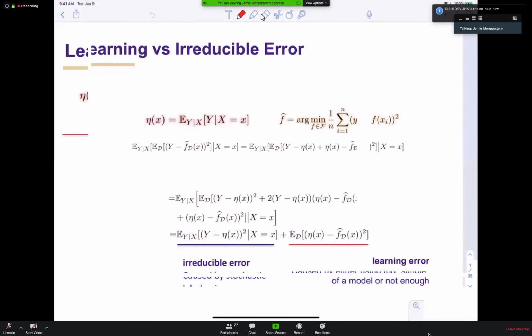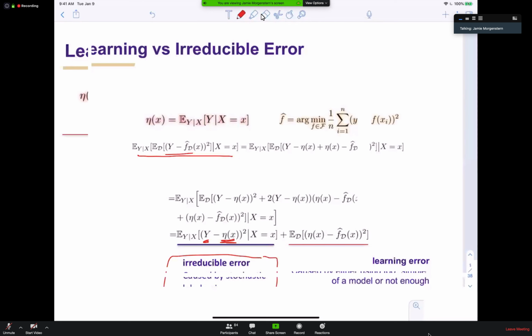And we did some analysis to break that down into two terms. One, the irreducible error, caused by stochastic noise. It's just the difference between the true label and eta x, squared. And eta x was considered to be this best case estimator one could have.